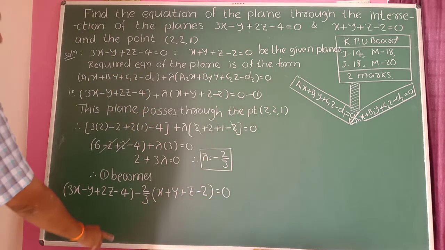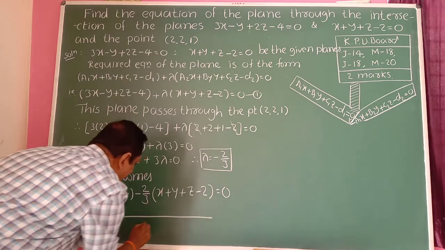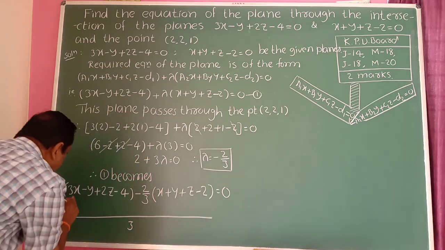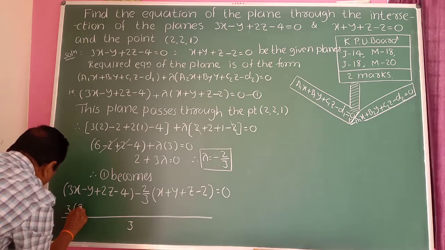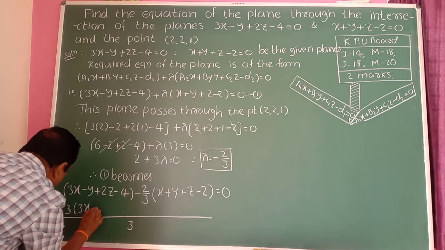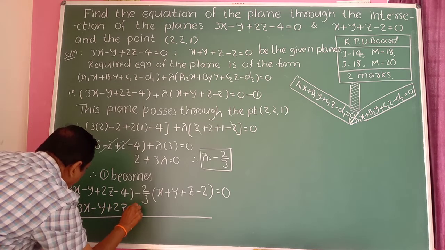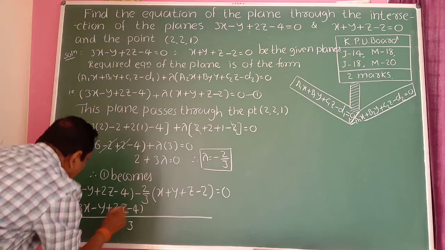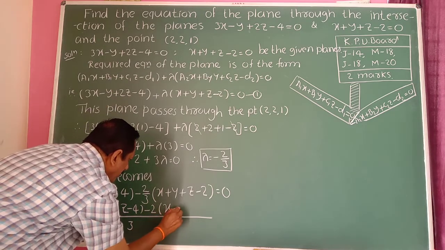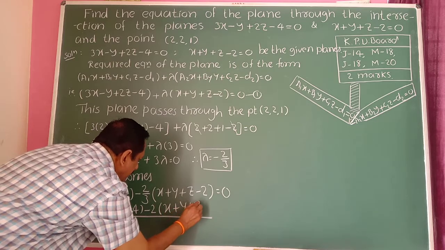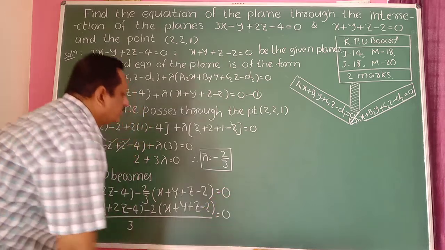Here 3 is the LCM, so write 3 in the denominator. 3 into this term: 3 into 3x minus (y plus 2z minus 4), then minus 2 into (x plus y plus z minus 2) is equal to 0.